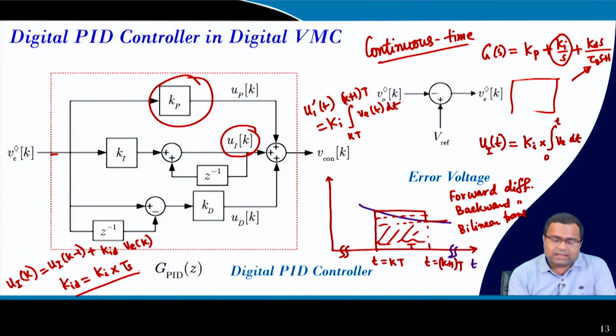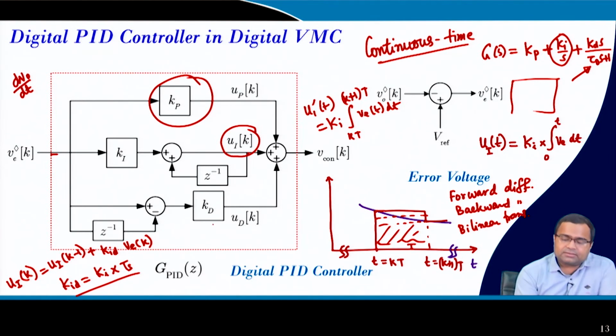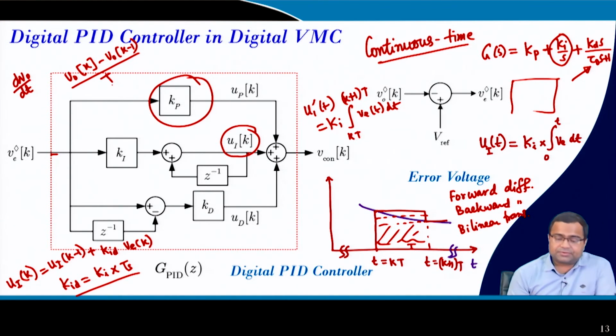For the derivative, if we take dv0 dt, it is taken as v0 of k minus v0 of k minus 1 divided by T, and this whole thing times k d is my derivative term.